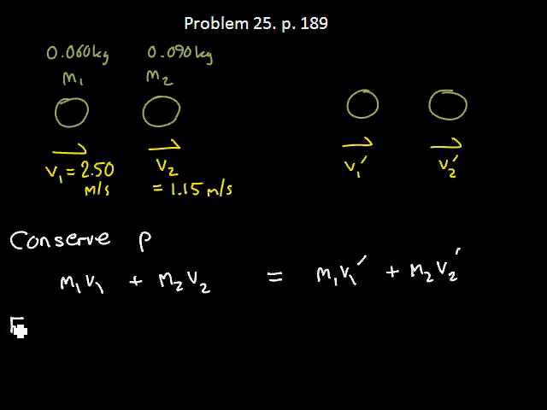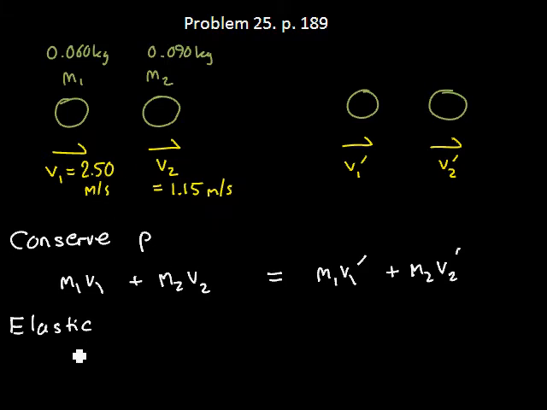And because it's an elastic collision, if you go back and review the idea of the coefficient of restitution, it's telling us that the relative velocities of the two tennis balls are the same before and after the collision, but in opposite directions.